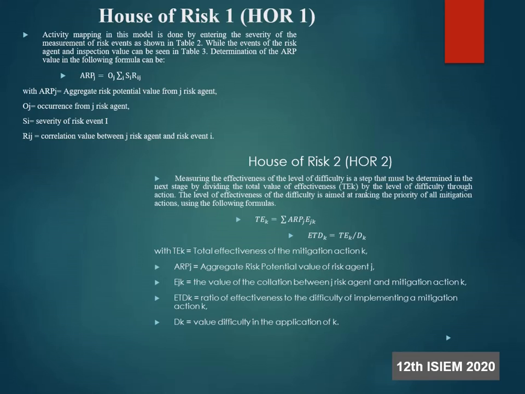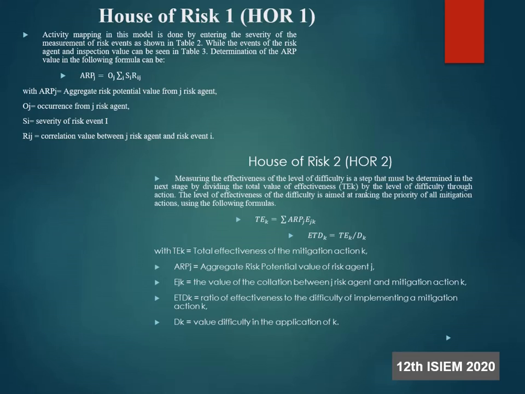House of risk 2. Measuring the effectiveness to difficulty level is a step that must be determined in the next step by dividing the total effectiveness (TEK) by the level of difficulty of the action.